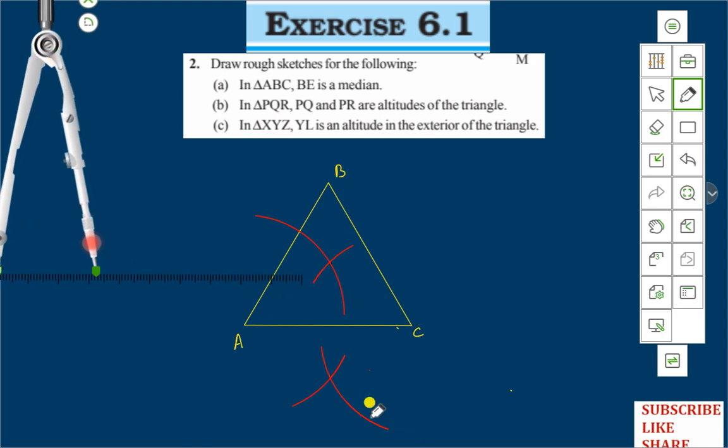Now if we draw this line, we'll get the midpoint of AC. Right?